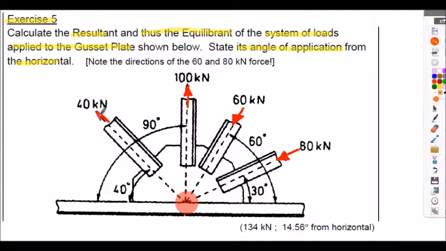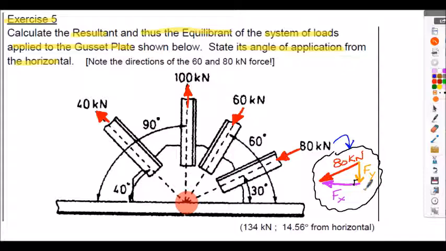Just be careful of the senses there. And just a little starting point for you, I've shown you how to resolve the 80 kilonewton force into its horizontal and vertical components. Notice that the horizontal and the vertical components are negative to our sign convention, so be aware of that.